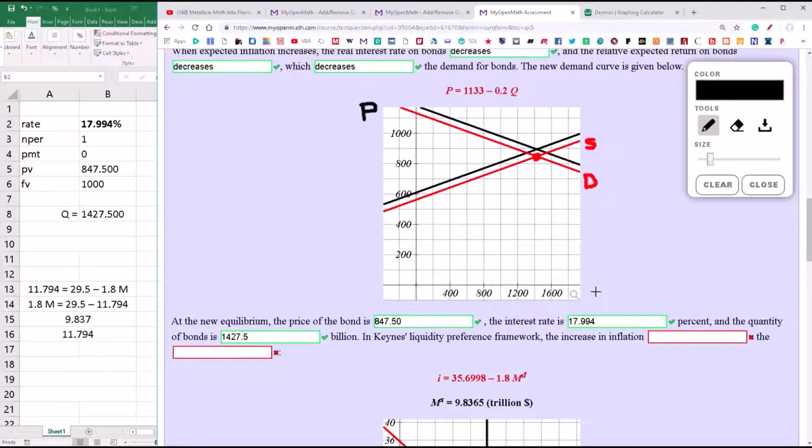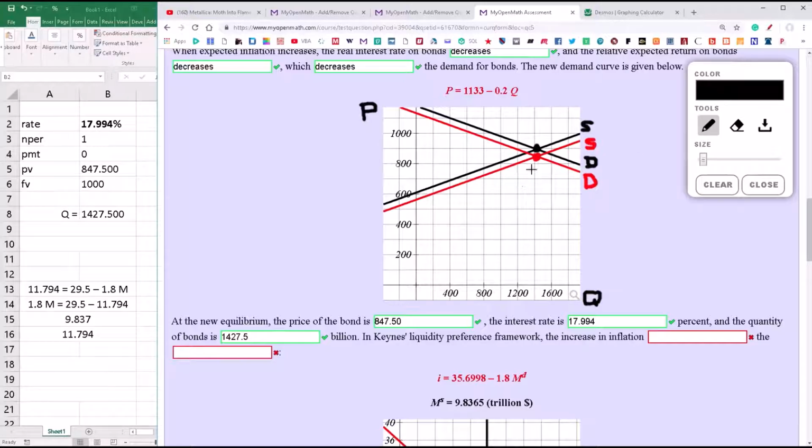Price axis, quantity axis, our initial equilibrium, the initial supply curve, and the initial demand curve. I'm not going to do the subscripts. We'll just say the new demand curve is red. The new supply curve is red. The old demand and supply curves are black.